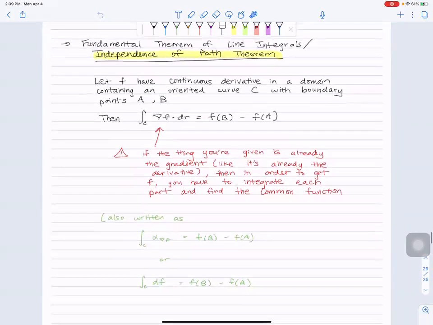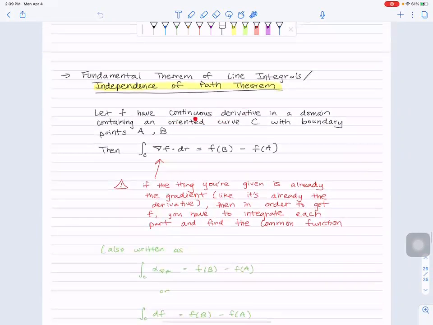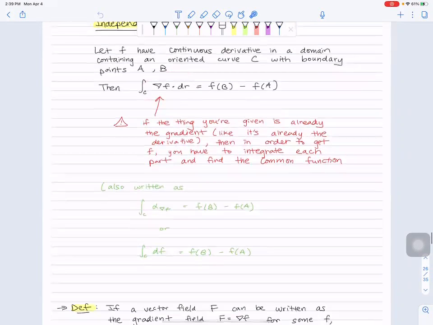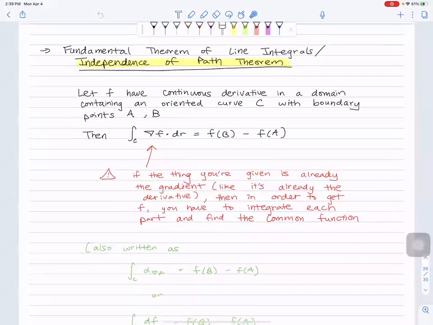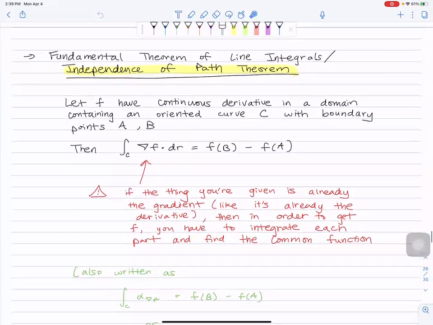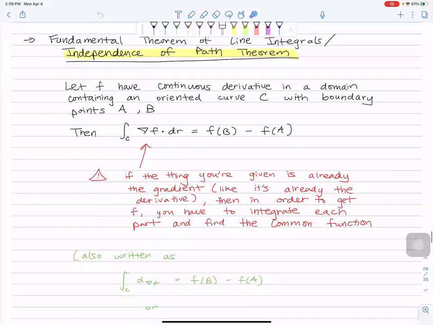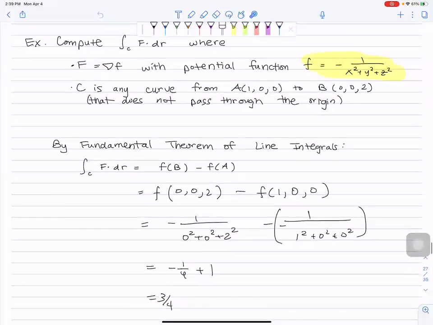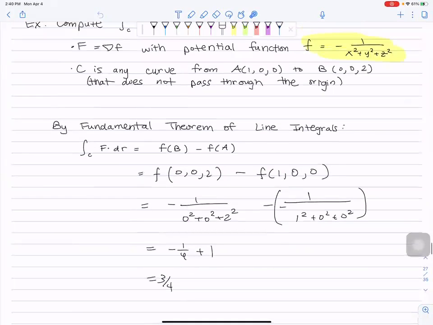So yeah, I think it has to do with the gradient in order to be conservative, so that you can follow this independence of path theorem. Okay, let me get back to you on that. Any questions on this problem?